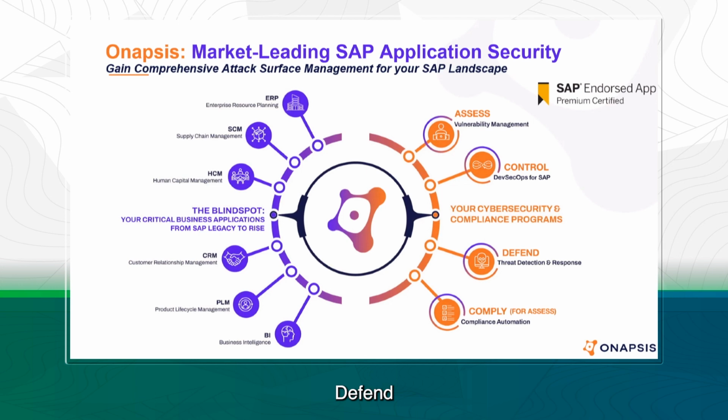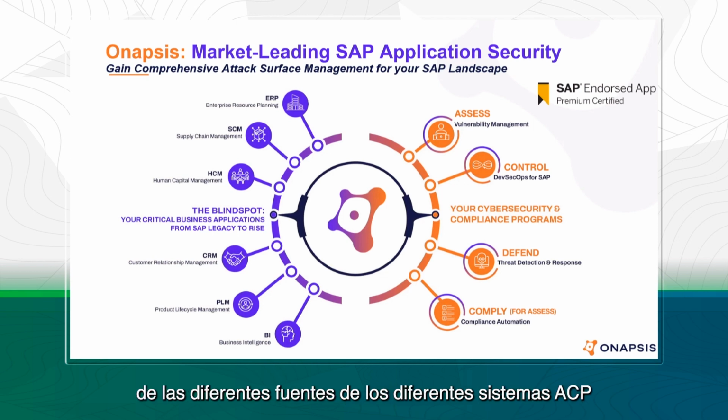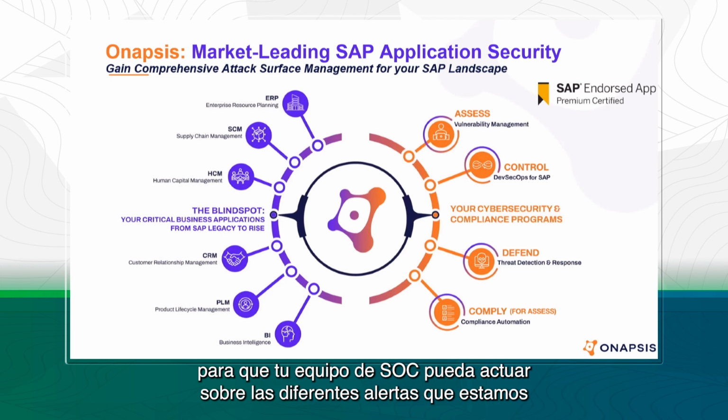Defend. It's threat detection and response. So Onapsis is able to read the SAP logs from the different sources of the different SAP systems that you have in your landscape and send them to the SIEM. So your SOC team will be able to act on the different alerts that we are discovering.